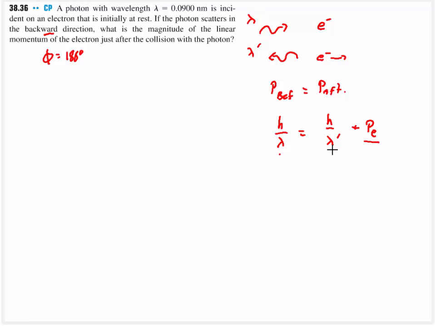So we know the wavelength, we just need to figure out what the new wavelength is, and so we're going to take a look at what we know for Compton scattering, that the change in wavelength is going to be equal to h over the mass, and I forgot to mention this is actually the mass of the electron that it scatters off of, multiplied by the speed of light, and then 1 minus cosine of phi, where this is backscattering, so phi is equal to 180 degrees.